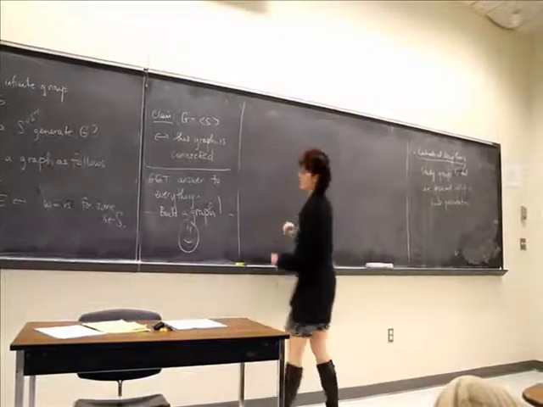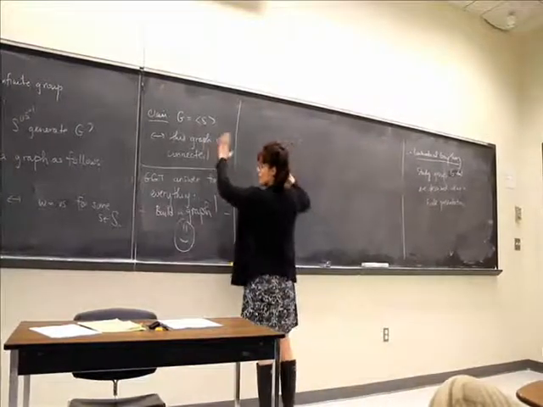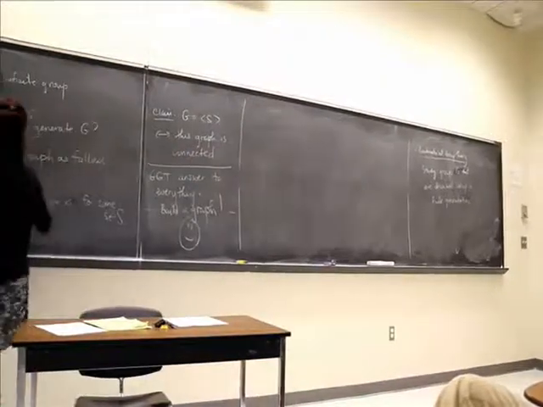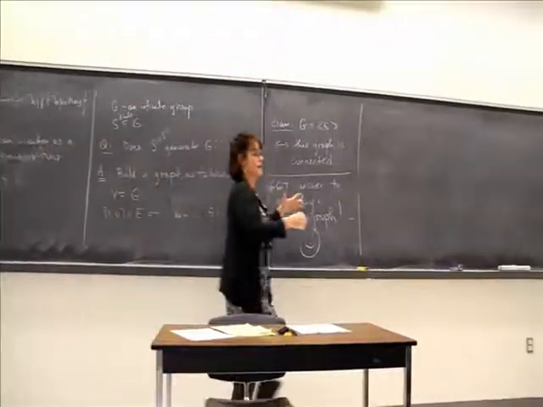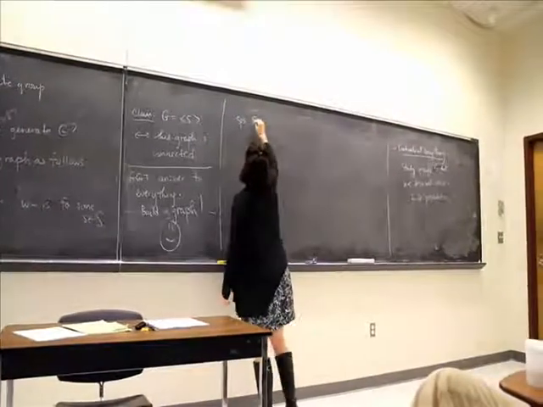But before I go on to finite presentation, let's say the answer was yes. Let's say I picked some really nice generating set, one for which this graph is connected. Well then, what I get is a connected graph. So now suppose I'm in the case where S does generate.